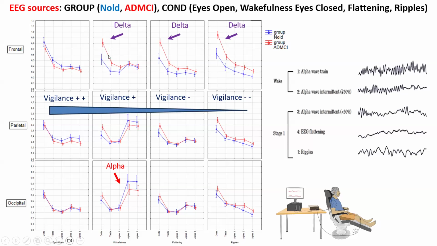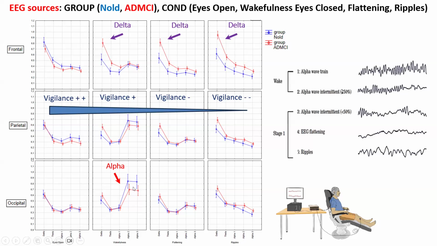And you see that these patients are characterized by a high level of delta and theta source activity in practically all conditions of wakefulness, fluttering, and ripples, and are also characterized by lower alpha source activity during wakefulness, quiet wakefulness, resting state, eyes closed.